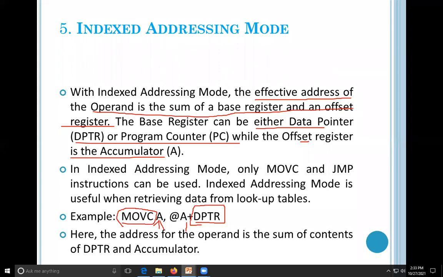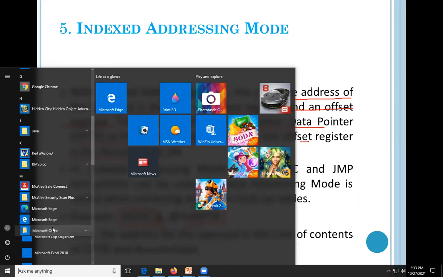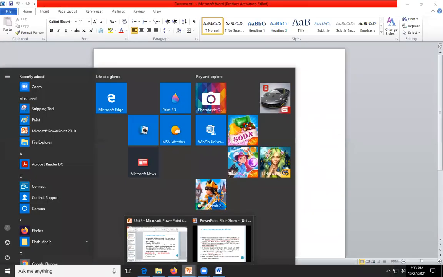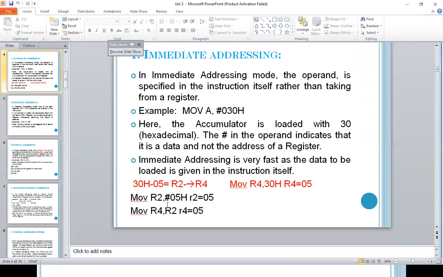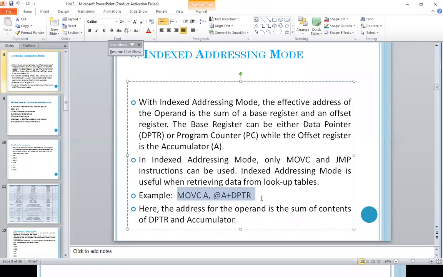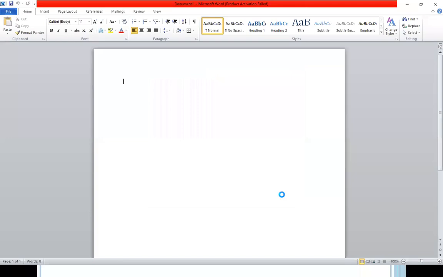I'm defining this MOVC A, @A+DPTR. See what is the meaning of this indirect addressing mode.